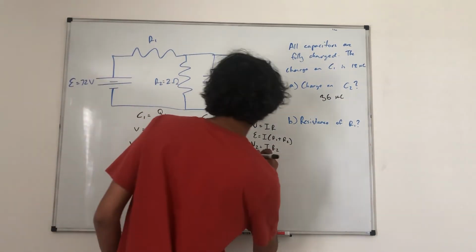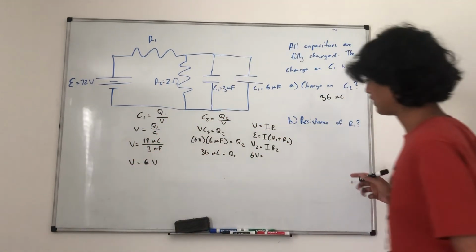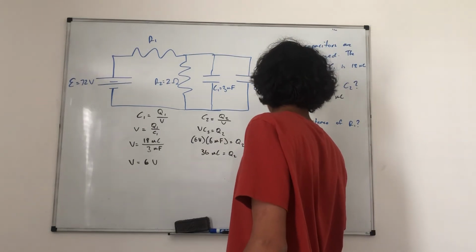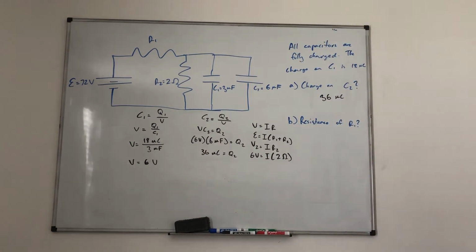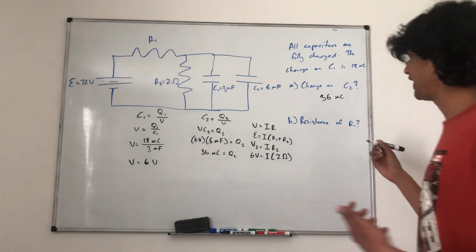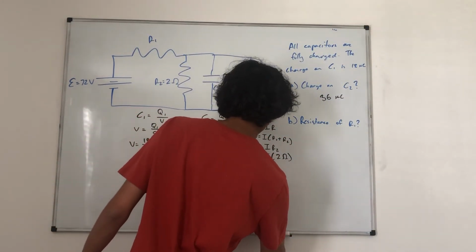So 6 volts is equal to I, which is what we're solving for, times 2 ohms, which is given. 6 divided by 2 is 3 amps, 3 amperes of current.